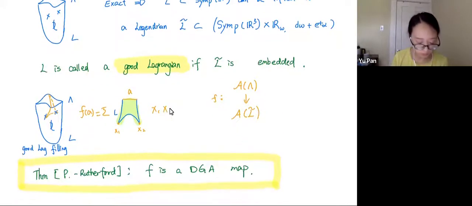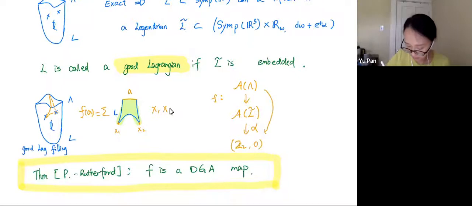So what we prove is that this map is actually a DGA map. With this in hand, we have some augmentation of the filling L-tilde.